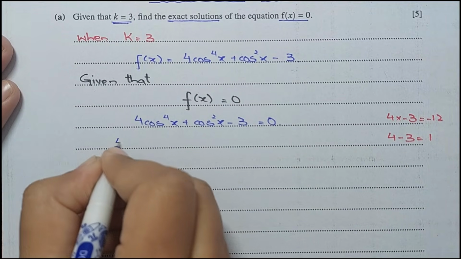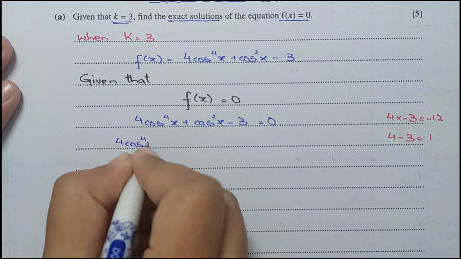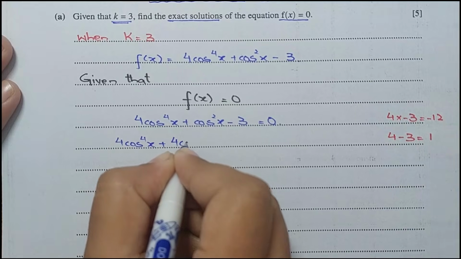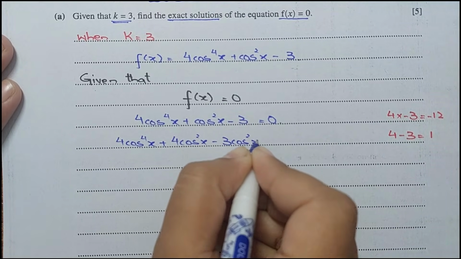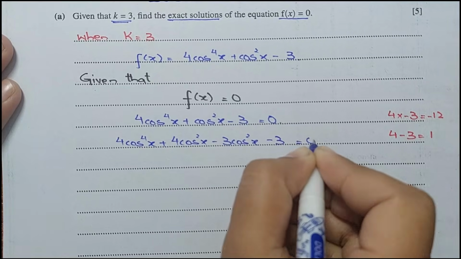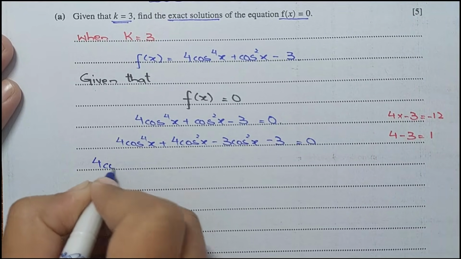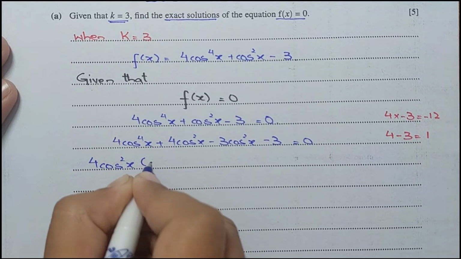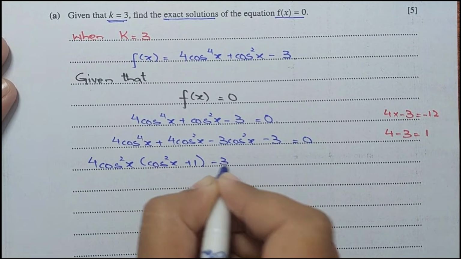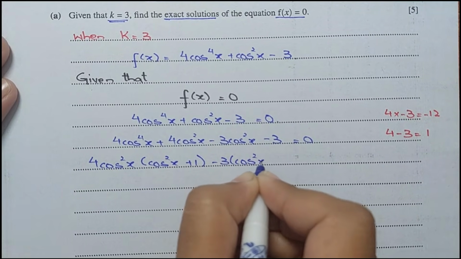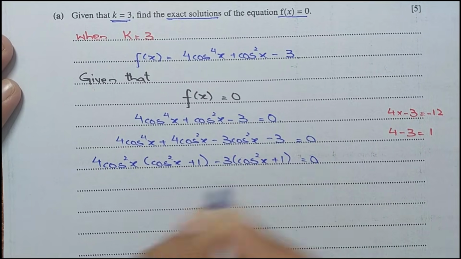Yes. 4 cos 4x plus 4 cos square x minus 3 cos square x minus 3 equals 0. Now taking 4 common, we are left with cos square x plus 1. Negative 3 is common, we are left with cos square x plus 1 equals 0, right?